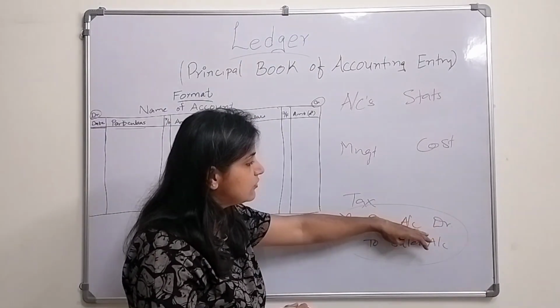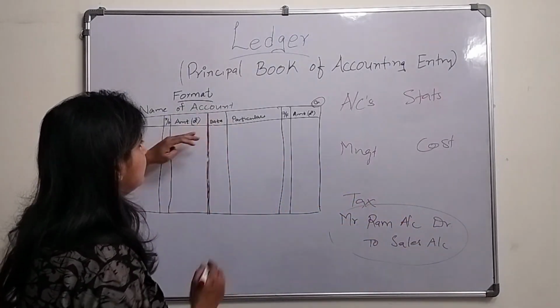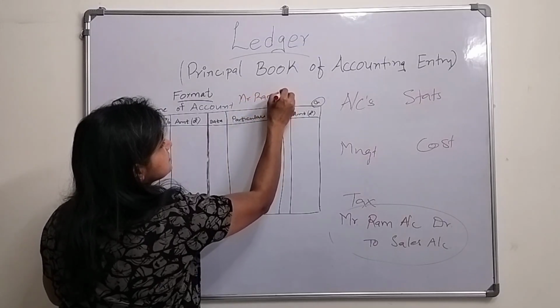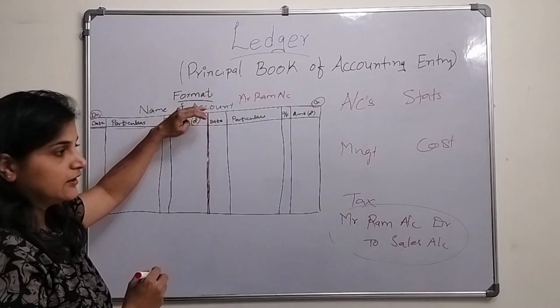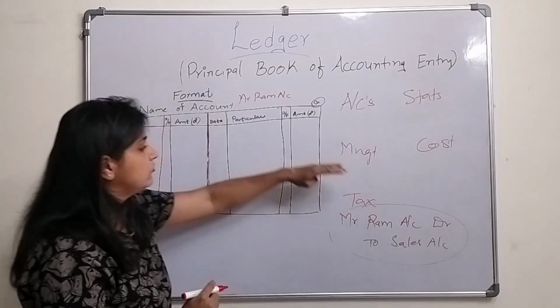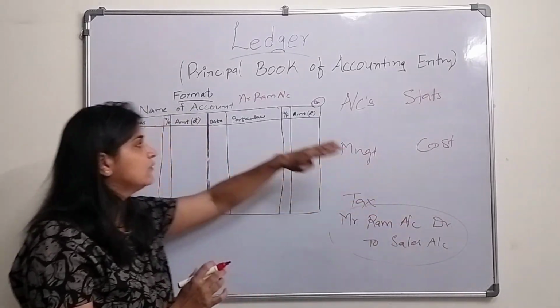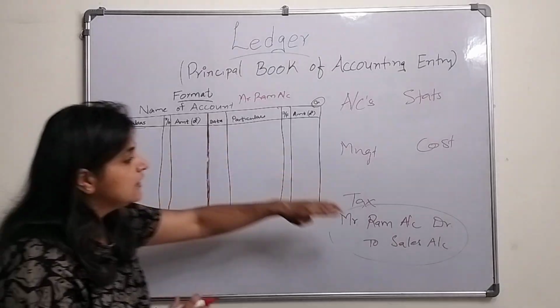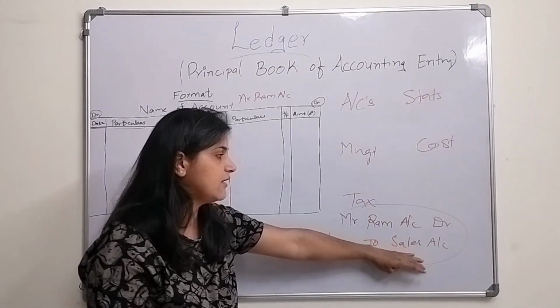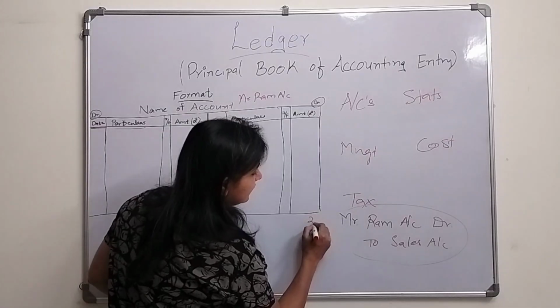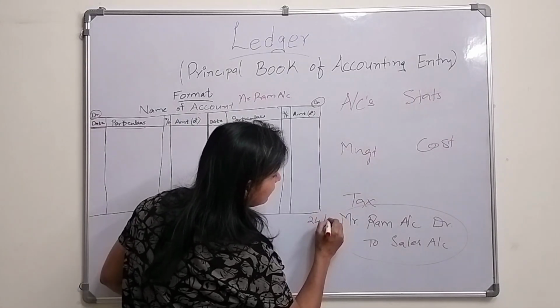Now I will post this journal entry into Mr. Ram's account. I will write here Mr. Ram account, the name of the account. Whatever transaction is related to Mr. Ram, I am going to record it in his account. Now, I made a sale to Mr. Ram, let's say on 24th of May.